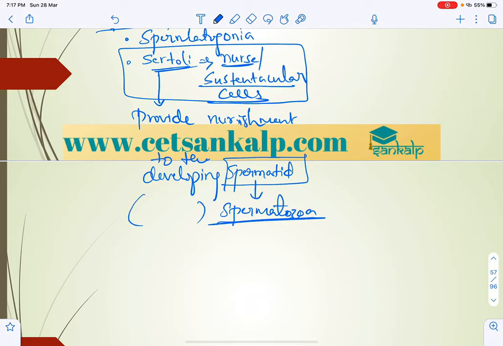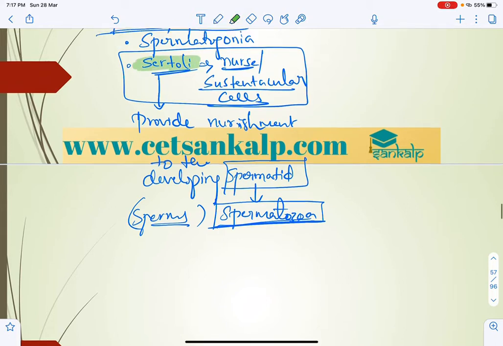Spermatozoa we can also say sperm. Once it matures, we can consider it as sperms. So spermatid, which will differentiate into spermatozoa, gets nourishment from the Sertoli cells.